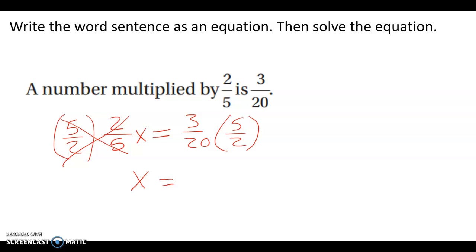Then you gotta use the cursor button. And then times 5 over 2. And enter. And you should get a fraction of 3 over 8. So x equals 3 over 8.